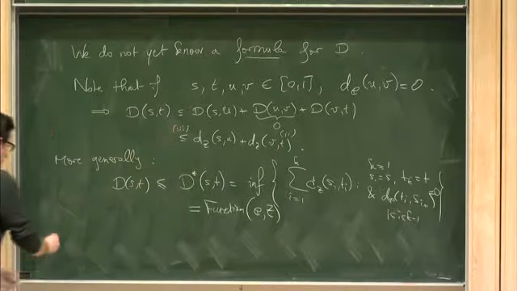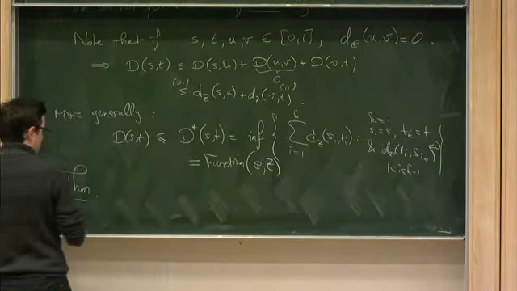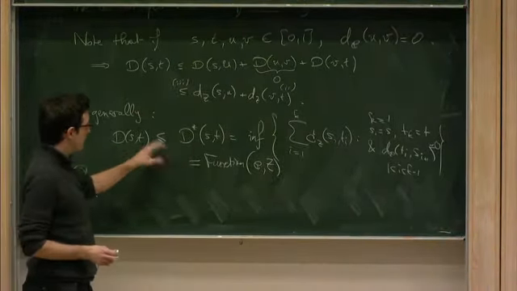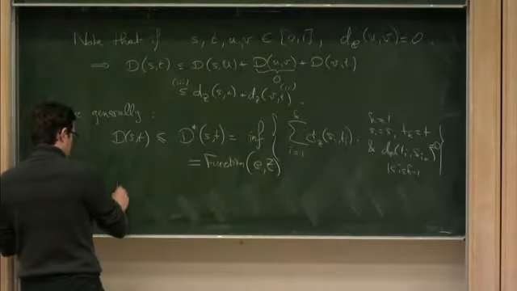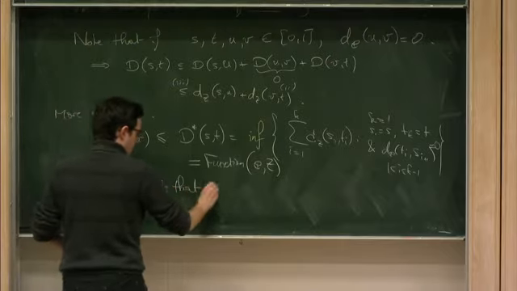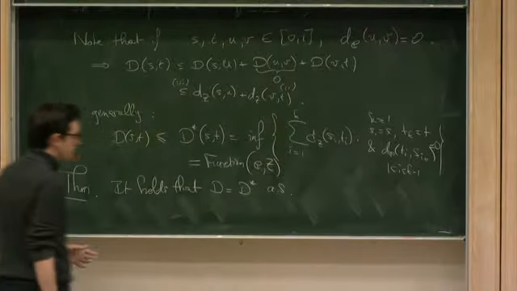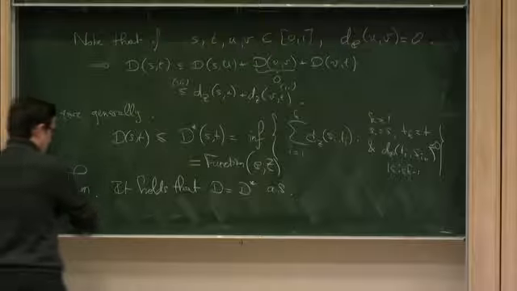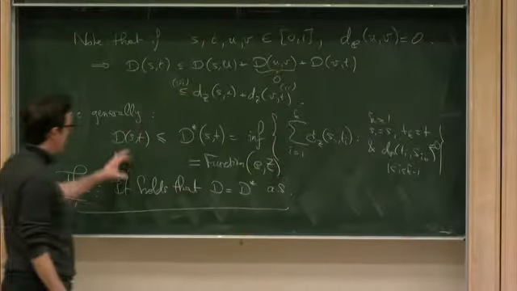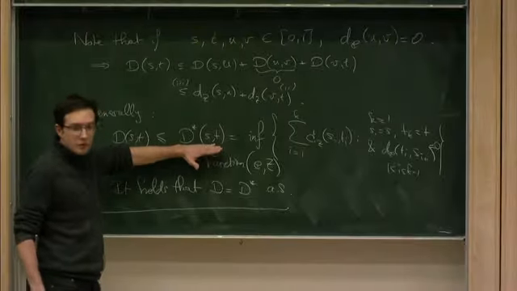Okay, and the claim, the theorem, is that in fact this upper bound is really an equality. Okay, so it holds that D is equal to D star almost surely. So it's actually a good exercise to see that D star has to be a pseudo distance.